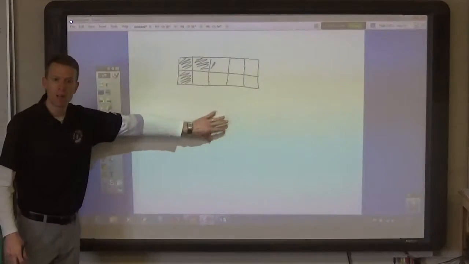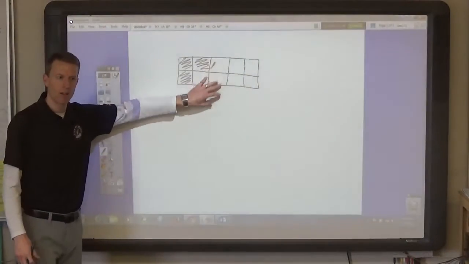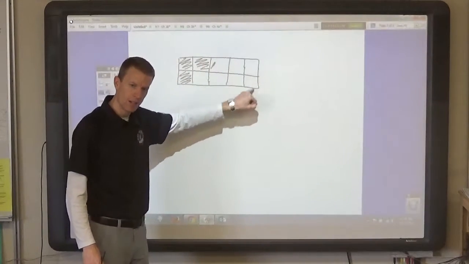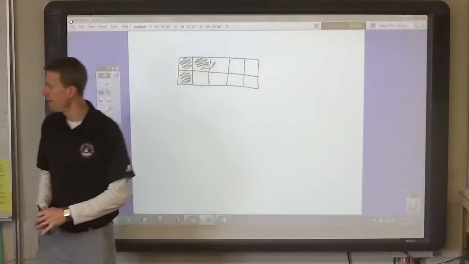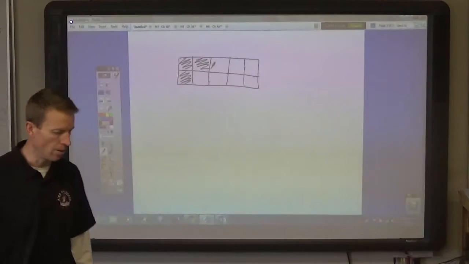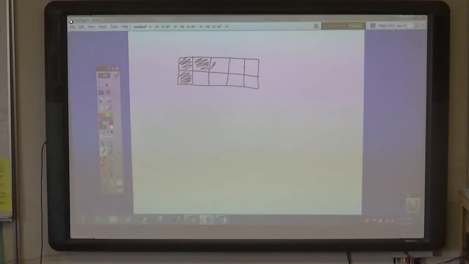So when you are making models, think about cutting it in more than one way. Okay? That'll make it a little easier. All right, what I want you to do is numbers 2 through 25 for tomorrow. Okay? 1 through 25.